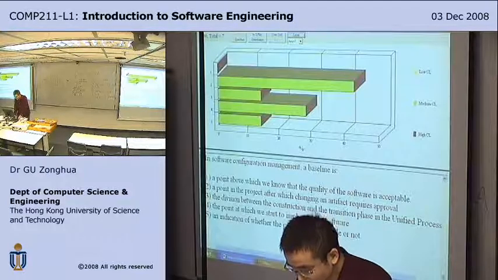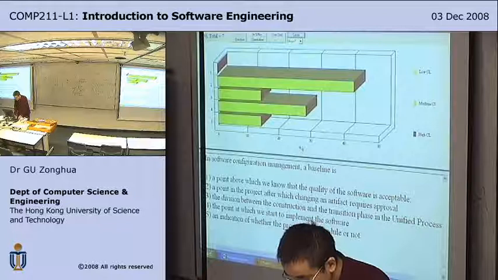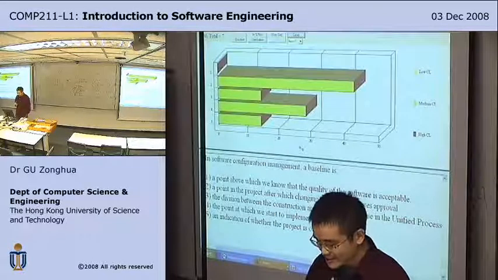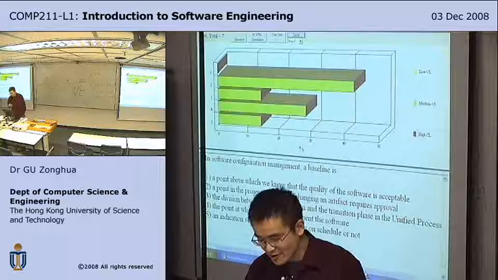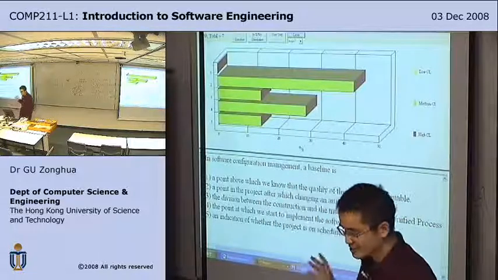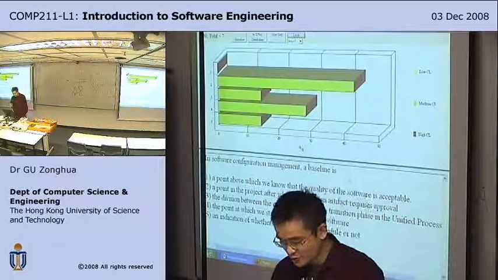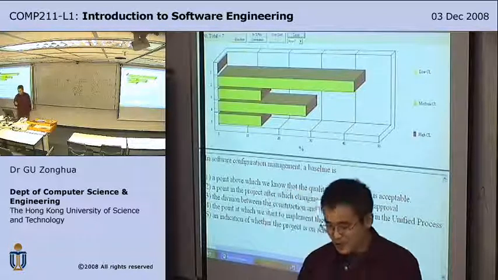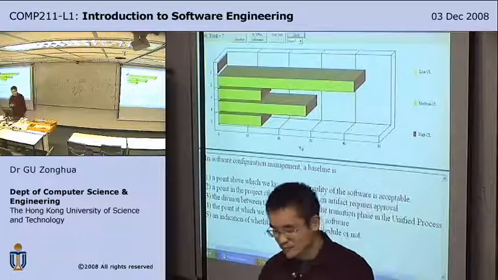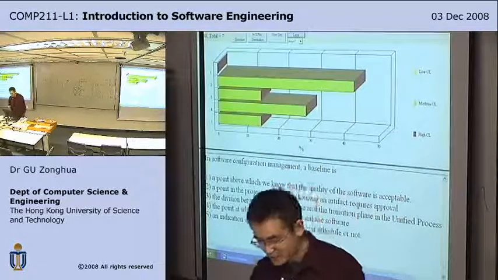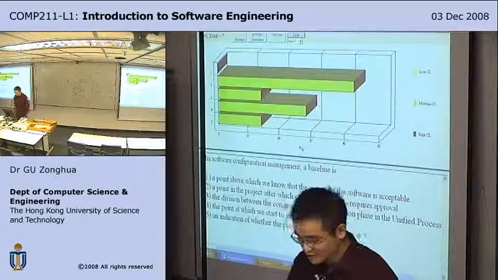Someone chose 3, division between the construction and transition phase. That's not correct. After every major milestone, you need to have a baseline, not just between these 2 phases. Point at which you start to implement. That's not correct. After you start to implement, you may have many baselines, maybe 4, 5, 6 baselines, until you get to the final deliverable.